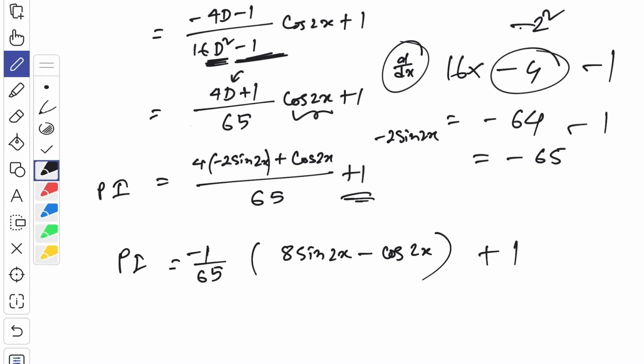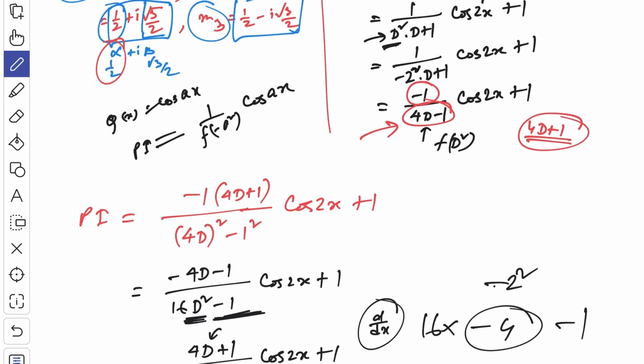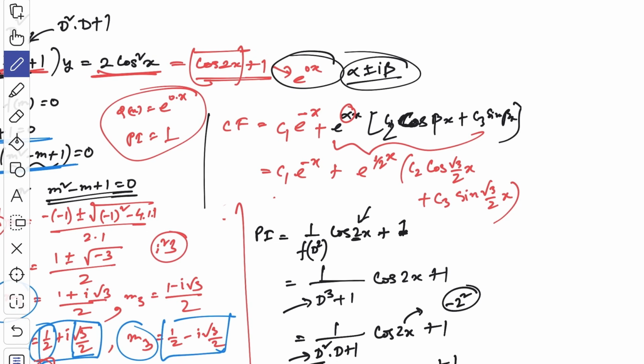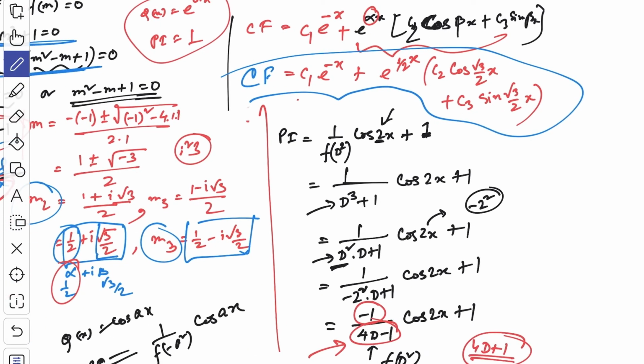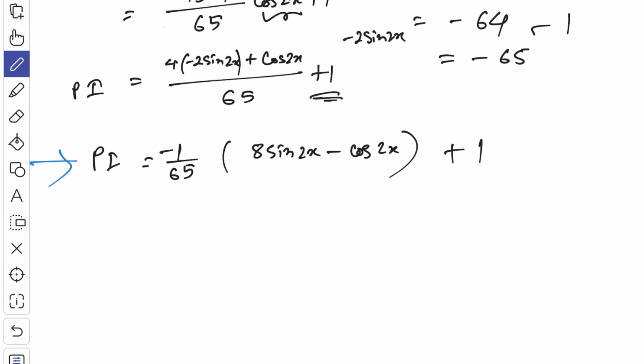This is our PI. So we have got now PI, and we have also got CF. This is the CF we have got here. So let me write the solution now. We know the solution is given by y is equal to CF plus PI.